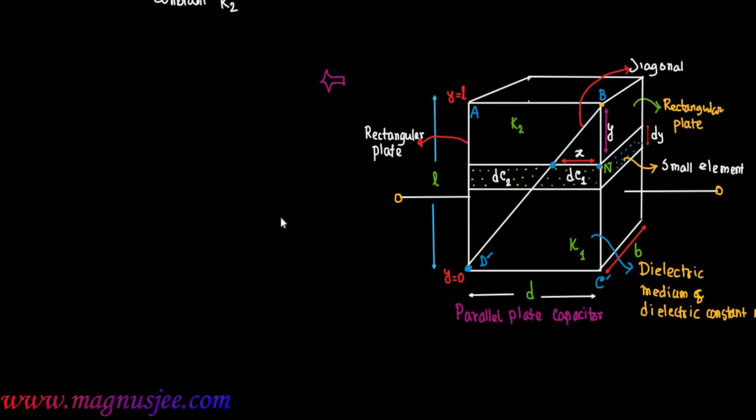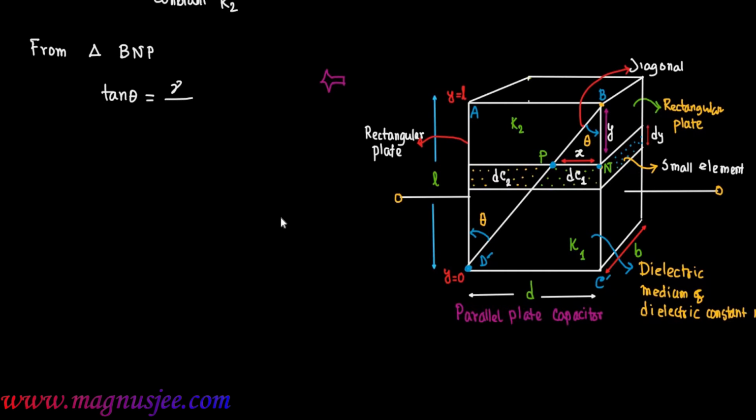The diagonal BD', or BP, the hypotenuse of the triangle BNP, makes an angle theta with the vertical. Similarly, the diagonal BD' makes an angle theta with the vertical edge D'A.